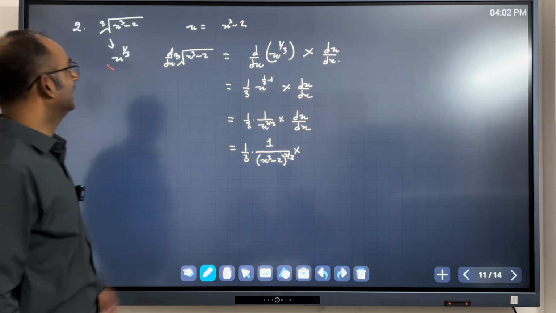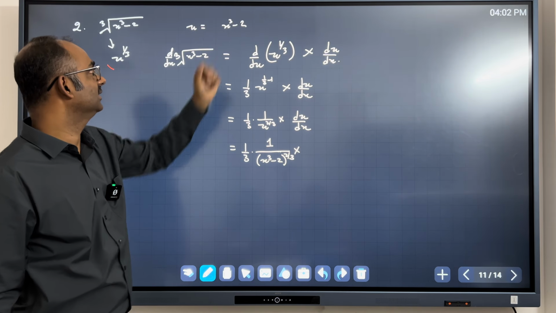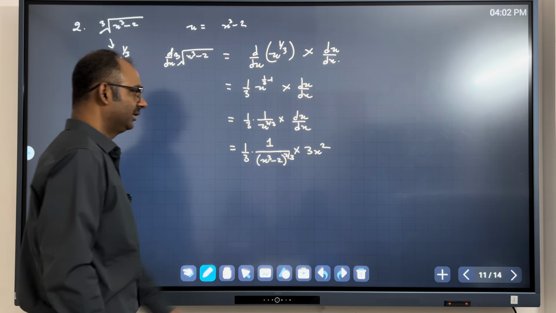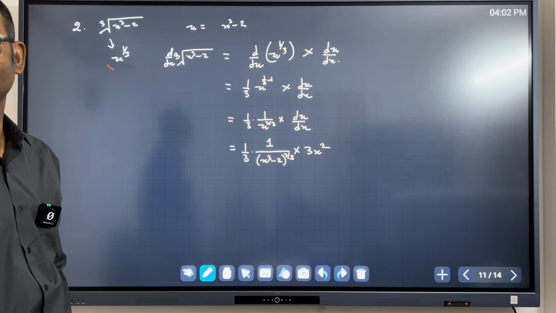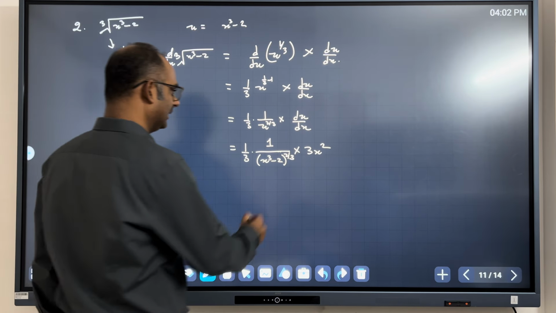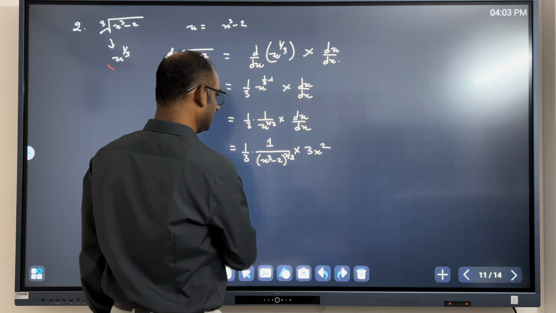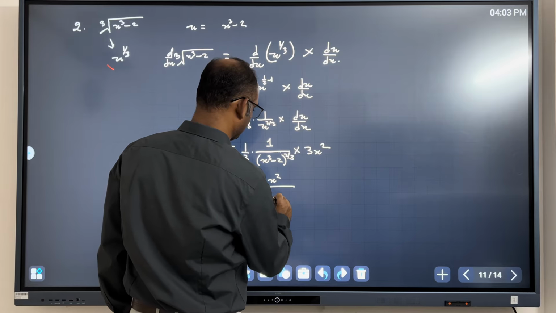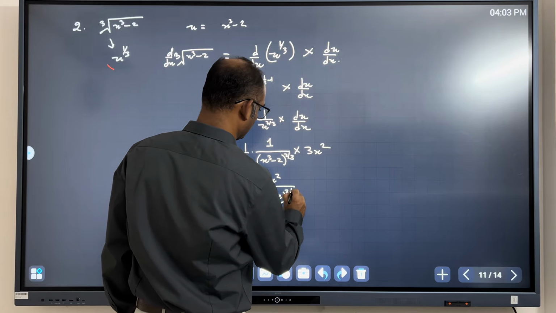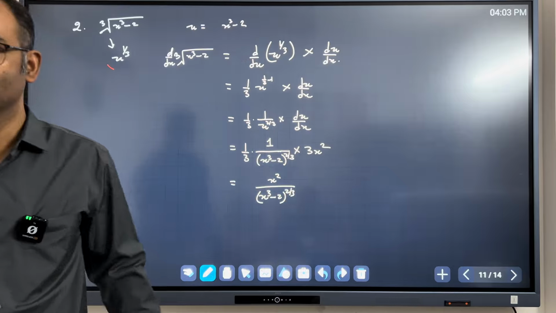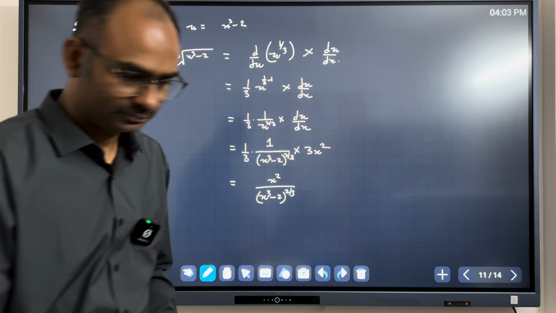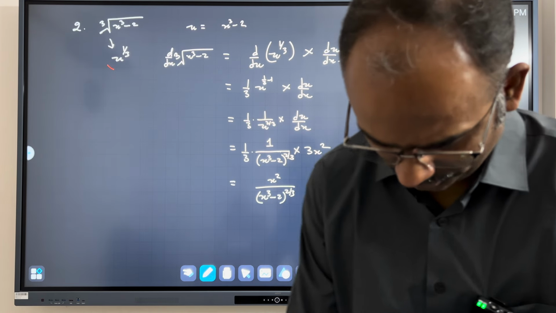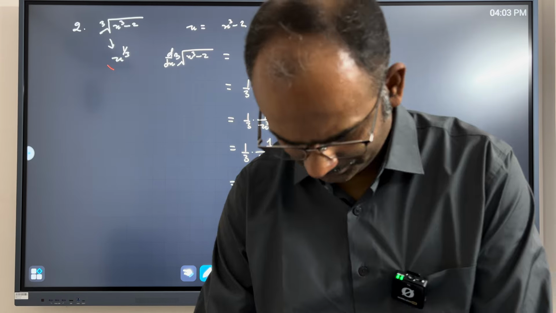Now du over dx, the derivative of this is 3x square. So the 3's will cancel. Any problem? So the 3's will cancel and it leaves behind x square over. Did I make a mistake? Huh?